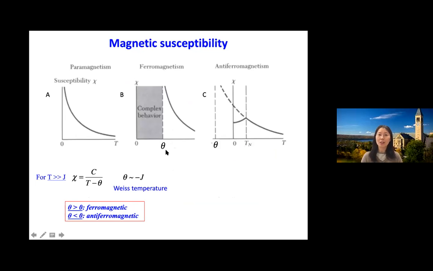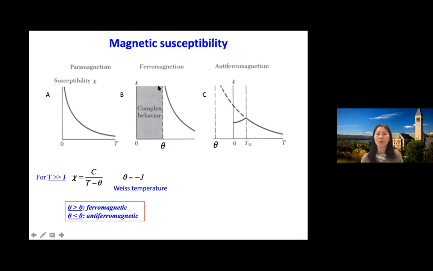So let's go ahead with the magnetic property measurements. So we would like to study the magnetic susceptibility, because for localized moments, magnetic susceptibility is reasonably well described by this very simple Curie-Weiss model. If the material is paramagnetic, the magnetic susceptibility diverges at zero temperature.